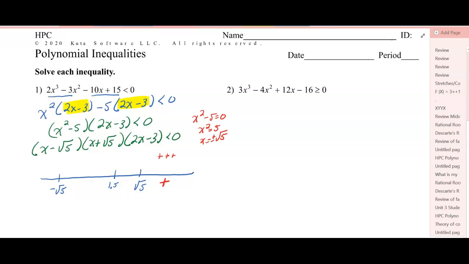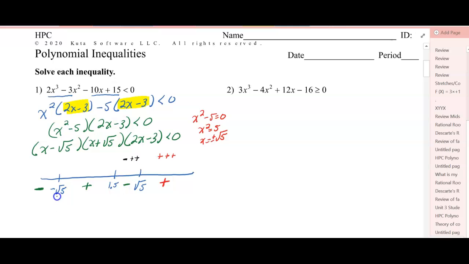So if you use the idea of multiplicity, you should be able to realize that this is minus, plus, and minus. Now if you don't like that method, you can pick a number between 1.5 and root 5, say 2. The first term is going to be negative, positive, positive, so you will get a negative result.